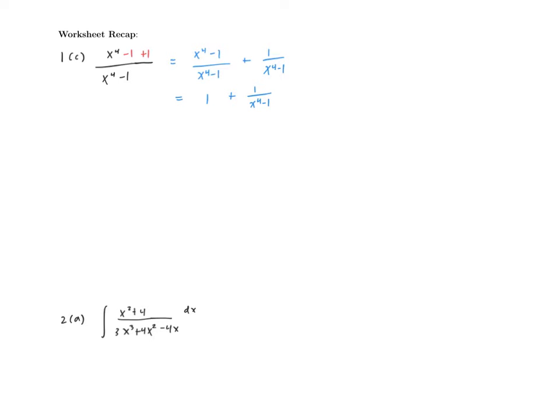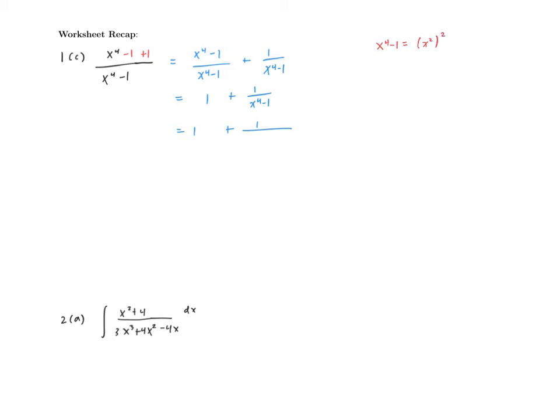And I'm going to write out the form of the PFD. We need to factor the denominator in the second term so that it involves irreducible quadratics and linear terms. Note, x to the fourth minus 1 is really a difference of squares.